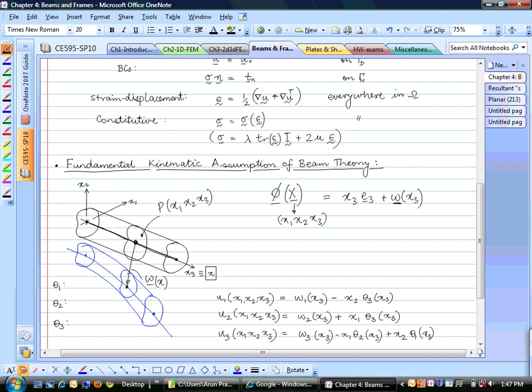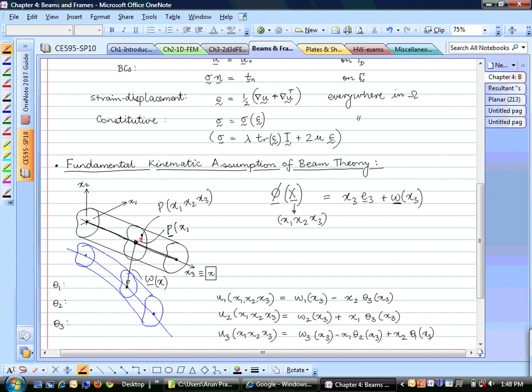this transformation. Let's say this point P is at this small distance. This vector is small p.